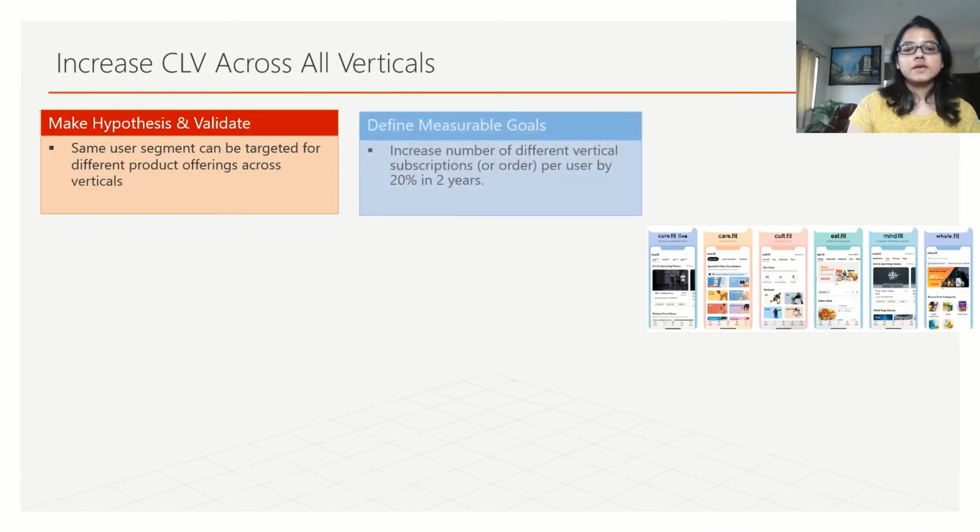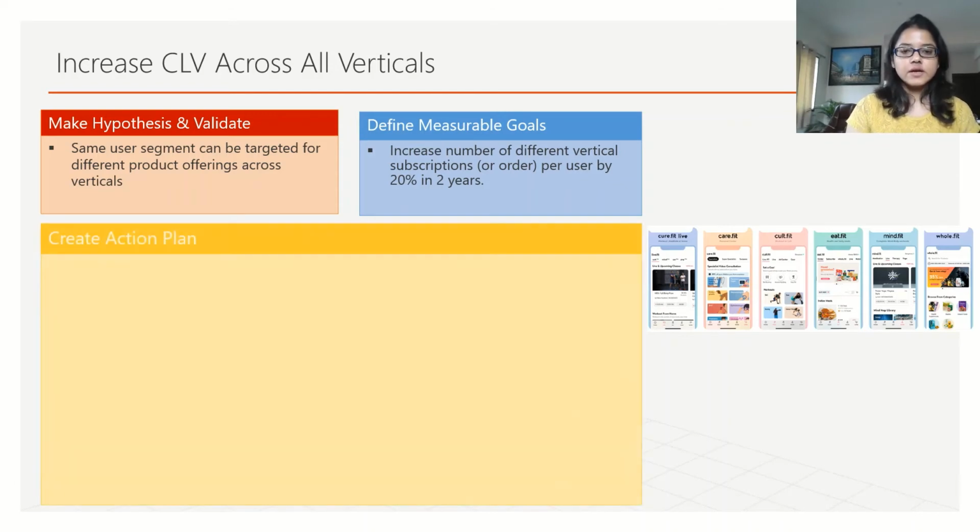And the measurable goal can be to increase number of different vertical subscriptions per user by 20% in 2 years. And then now, how do we do that? So the action plan can be, the first one can be to promote in-app cross-sell. So on CureFit, they have around 500,000 active subscribers, and they do leverage their platform to promote in-app cross-sell.